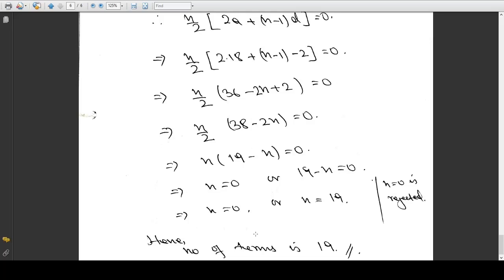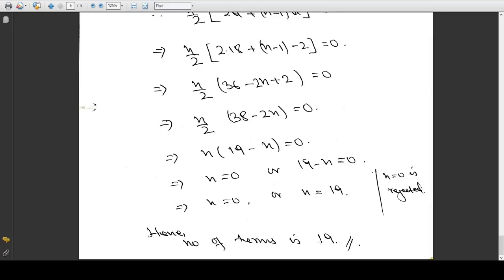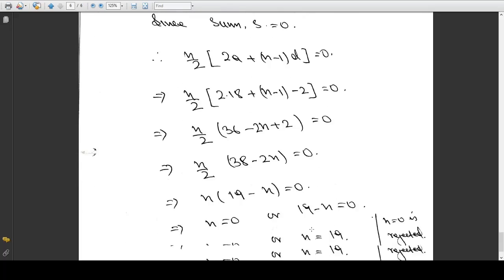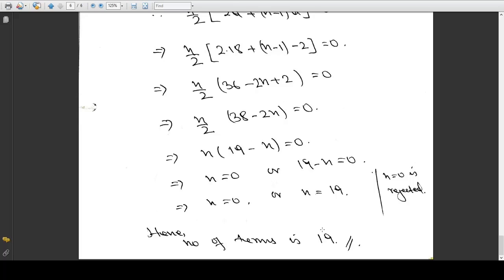Therefore the number of terms here should be 19. Starting from the first term 18, 16, 14, 12, 10, going on till the 19th term, if you find the sum of these terms, you'll get 0.